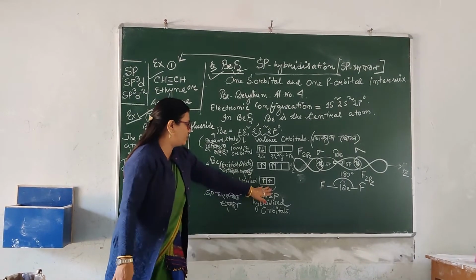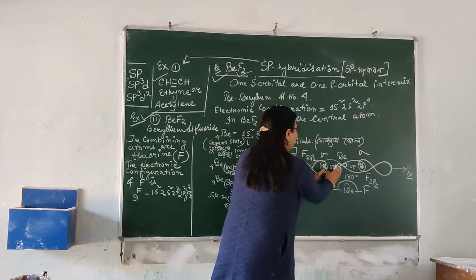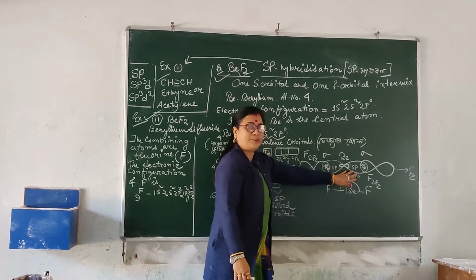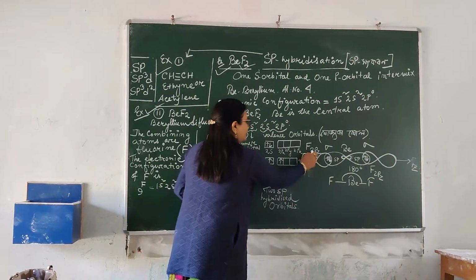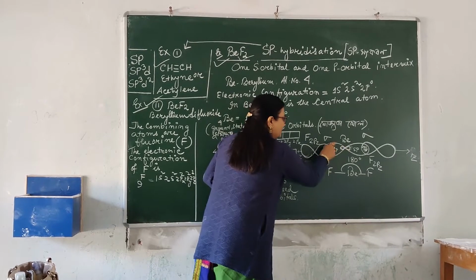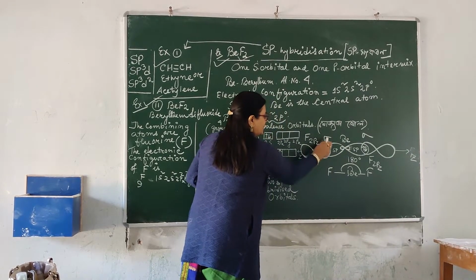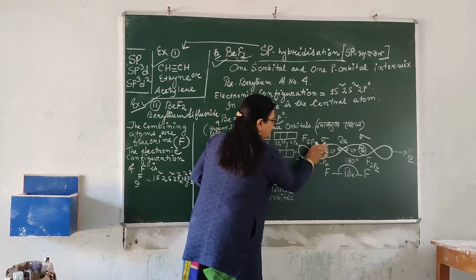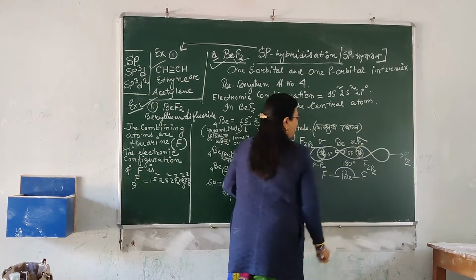Since the two sp orbitals are half filled, this is one sp hybrid orbital of beryllium, this is another sp hybrid orbital of beryllium containing a single electron, and this is the fluorine 2pz orbital. By overlapping the sp hybrid orbital with this p orbital, we get the sp-pz sigma bond, and here also this is an sp-pz sigma bond.